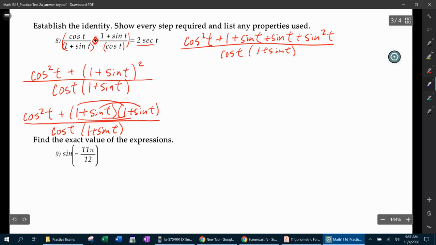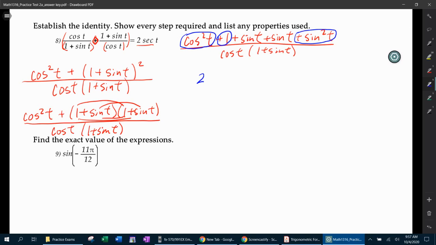Next step, this is where we get to use an identity. Notice I've got sine squared t plus cosine squared t. So sine squared t plus cosine squared t, we can replace that with 1, which I can then add to this 1 and get 2.